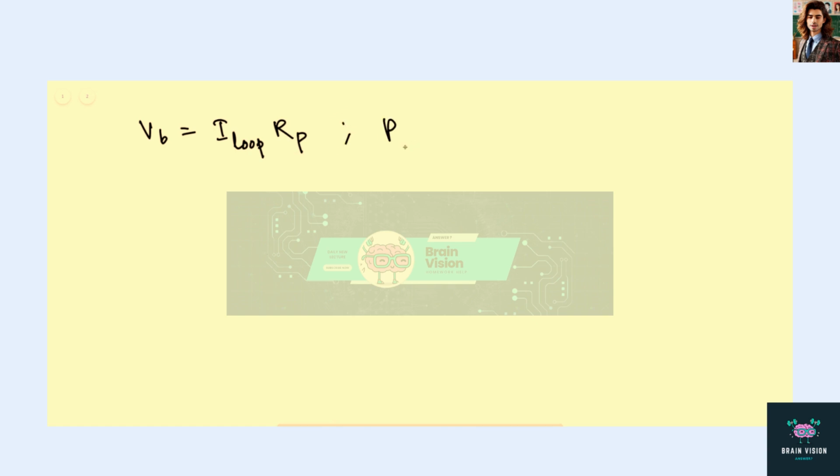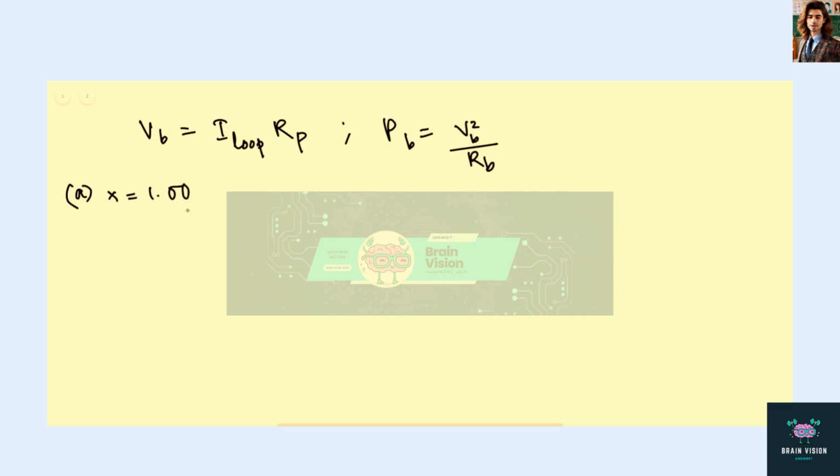And power of the bulb will therefore be equal to the square of the voltage of the bulb over the resistance of the bulb. So now we have all the equations we need. For part A, consider the case in which x is equal to 1.